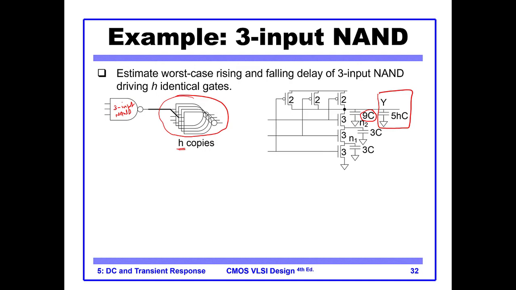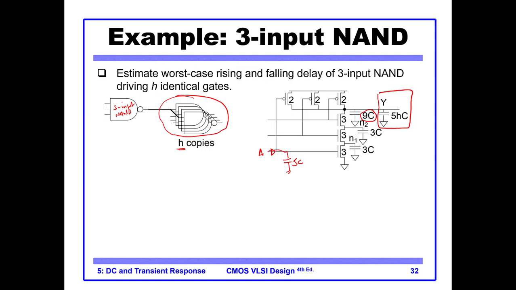Remember that every input, so for example this is our input, looking into the input, what was the capacitance that I see? It was 5C.